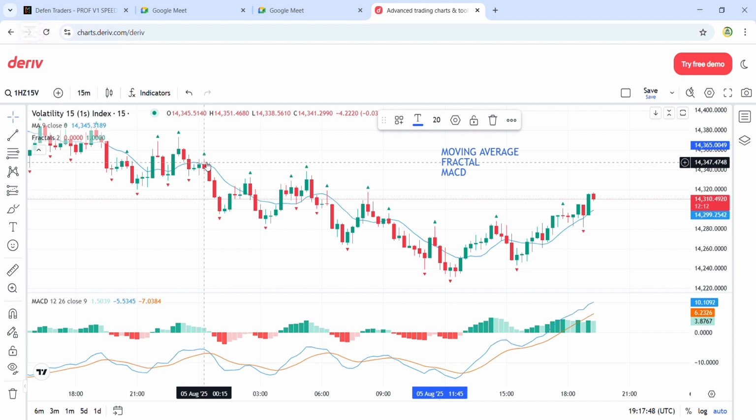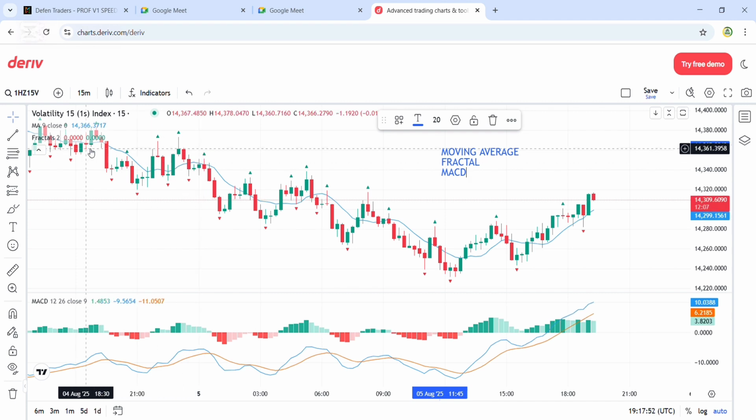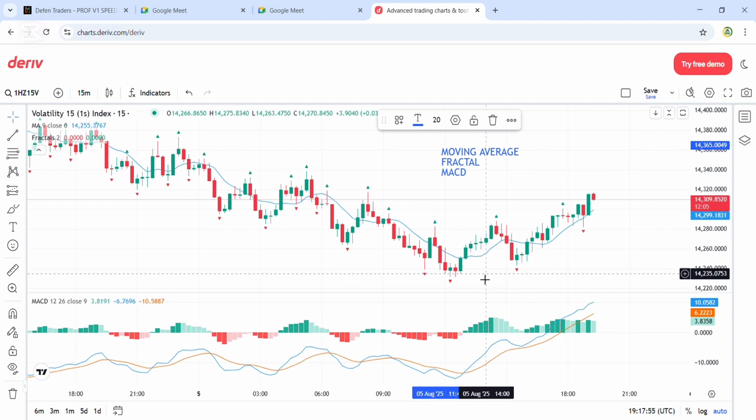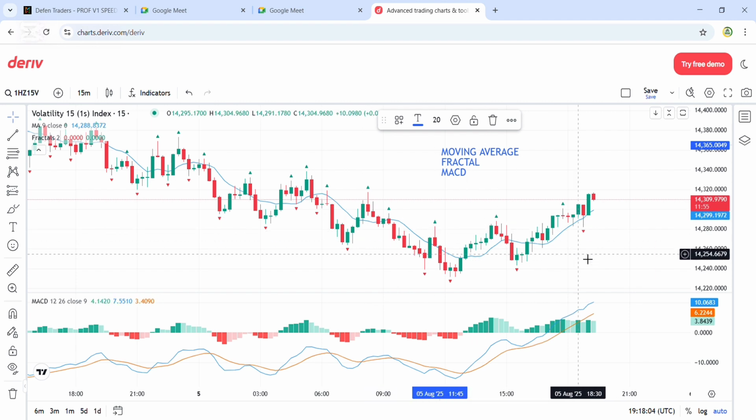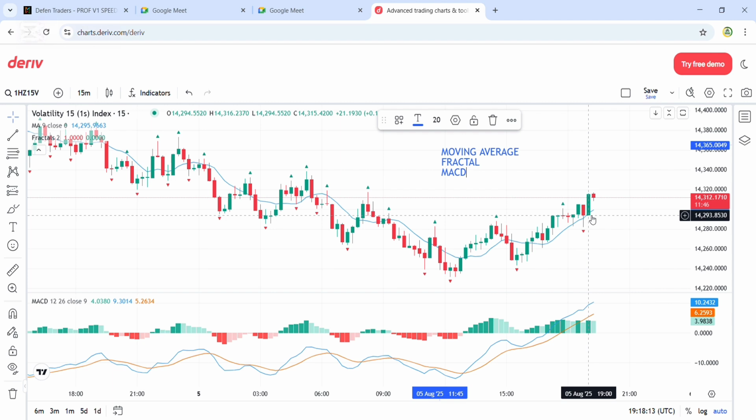Correct. Now, the second part of the moving average is when it comes below. You can see when it comes below, it indicates that the market is going to rise, or the candle above it will be green. So you being a trader, when the moving average comes below the candles, you must get a trigger that the markets are going to rise.